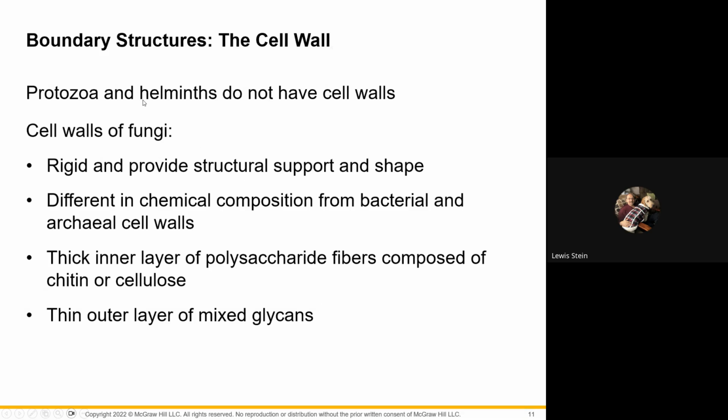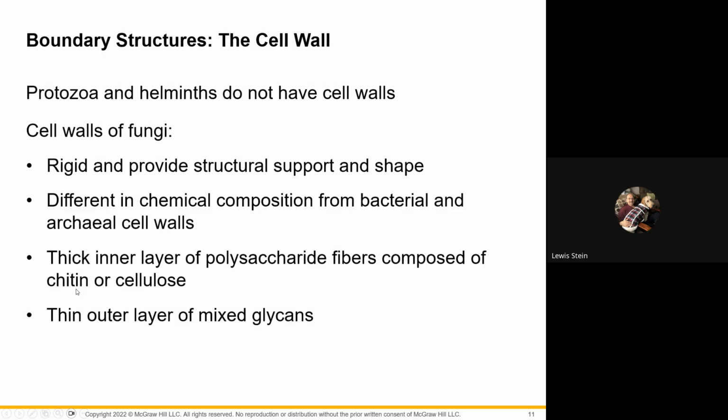Okay, protozoans, and we're not doing worms, do not have cell walls. Cell walls of fungi are really important. They provide a lot of structural support. They're different than those of bacteria. They're made out of chitin, mostly. Sometimes it will be cellulose, but that's one of the few times.